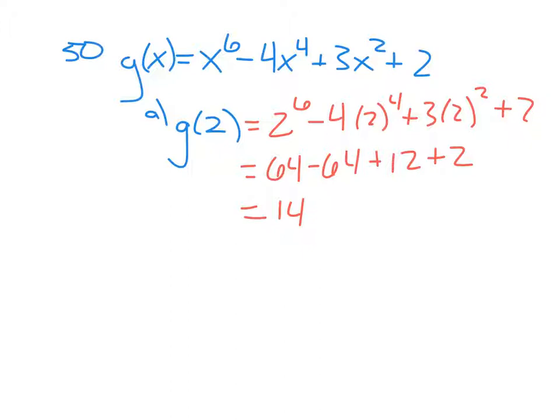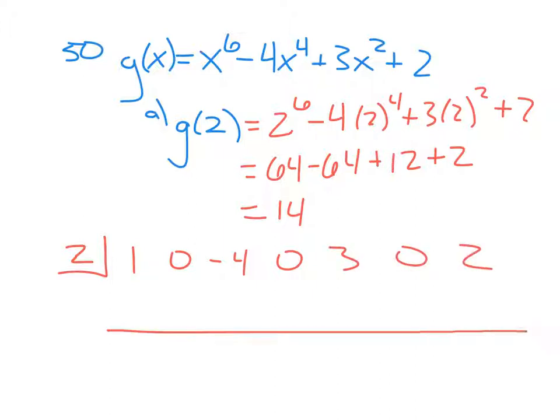So if we do synthetic division with 2, 14 is going to be our remainder. Let's just make sure it works. So it's going to be 2, and then it goes 1, 0, -4, 0, 3, 0, 2. And I would argue that this is much easier because it's pretty quick.